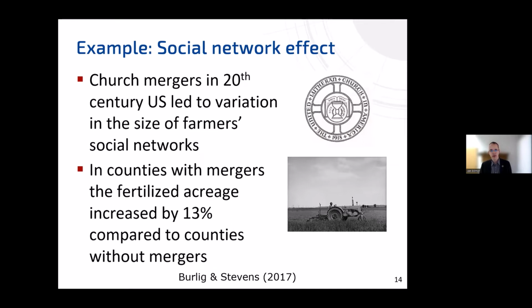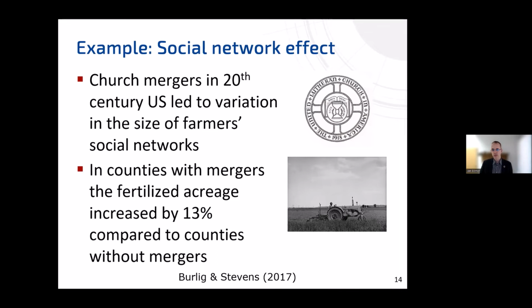And they found that in counties with church mergers, meaning in counties where the social networks of some farmers increased significantly through these mergers of churches, the fertilized acreage, so the use of fertilizers, also increased by 13% compared to farming areas in counties without mergers. So this happened in one of the most important farming areas of the US in the Midwest, and of course had quite an important effect on profitability, on yields, on labor, employment in agriculture, and probably also on the environment.